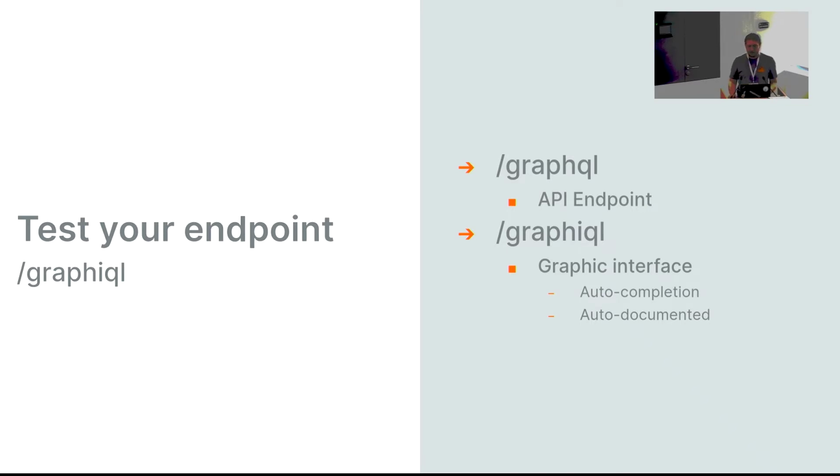And simply, when you have done your queries, you just have to remove the i here, and it's a real endpoint, the GraphQL endpoint that the developer will use or other systems will use.